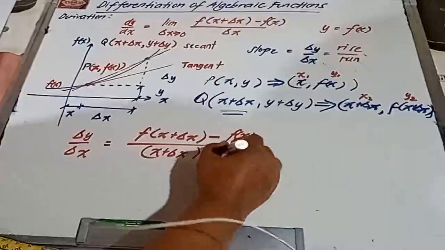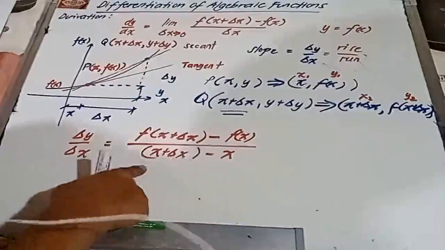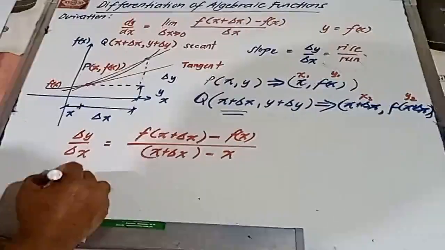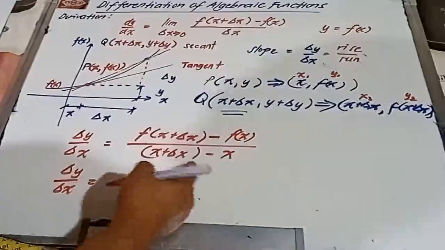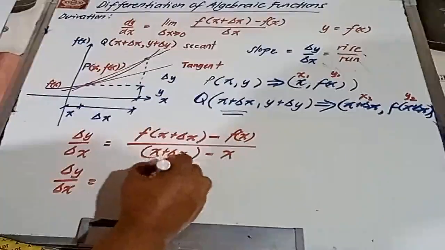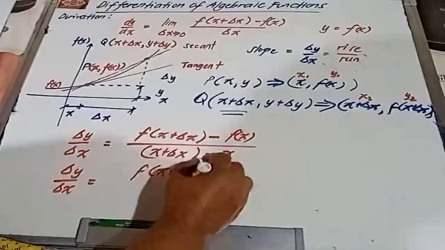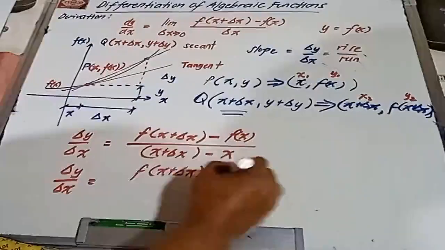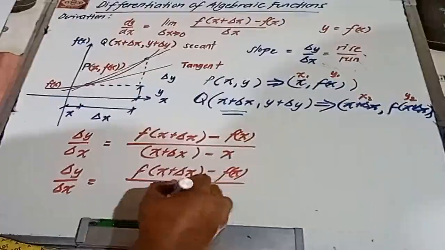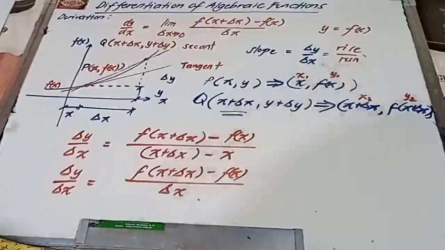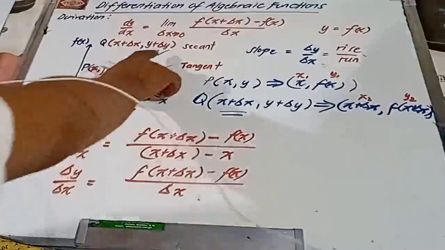Okay. So, mamaminus yung x dito. Ang matitira na lang ay delta x sa ilalim. Yan. Malapit na doon, di ba? Now, yun ay slope of the second line.